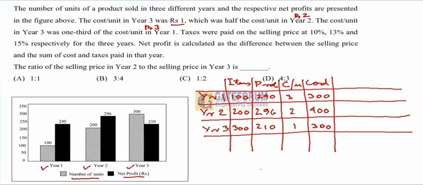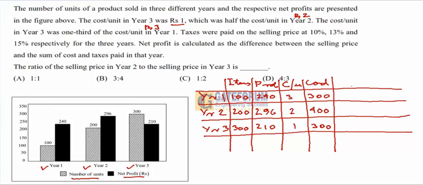Now comes the taxes. Taxes were paid on the selling price. Now you see what has been asked: the ratio of the selling price in year 2 to the selling price in year 3.